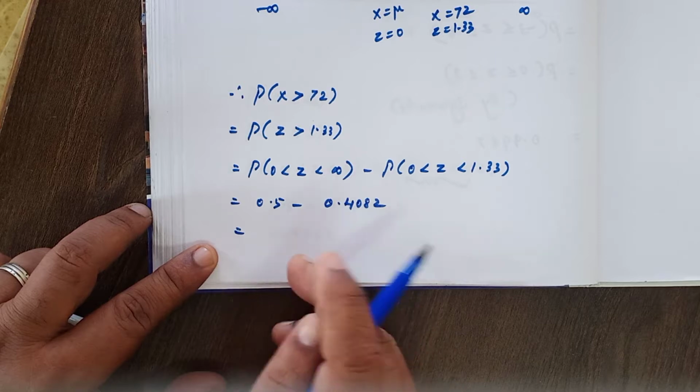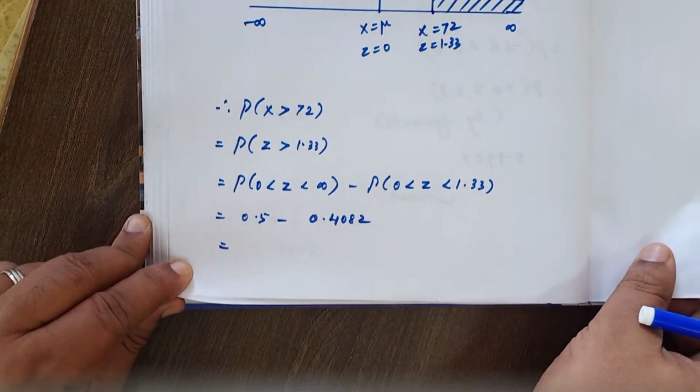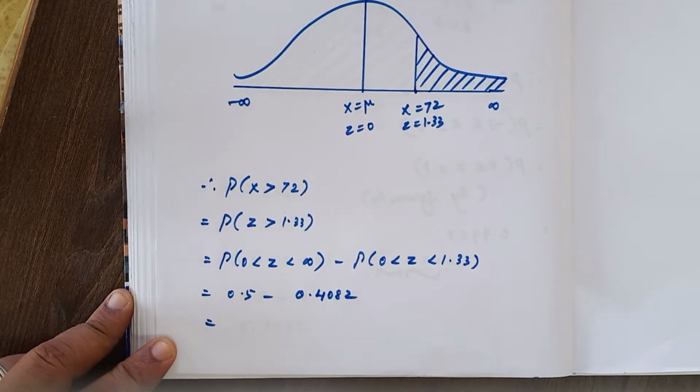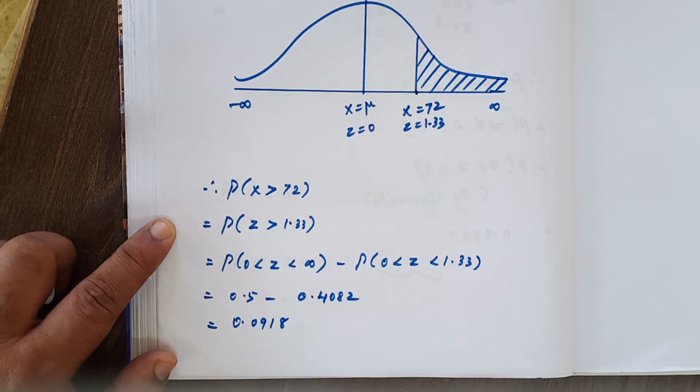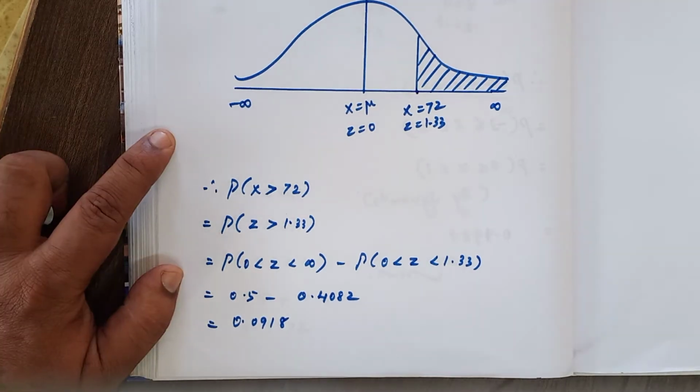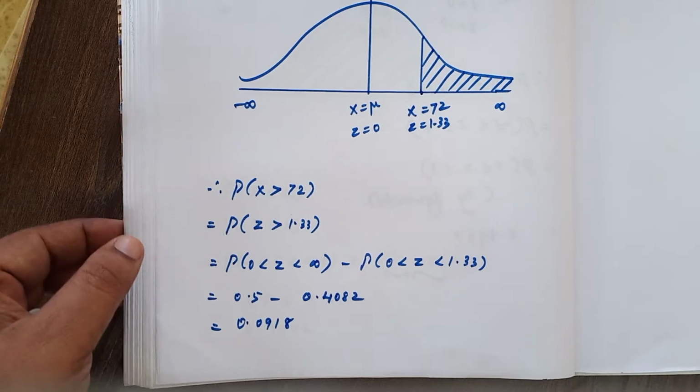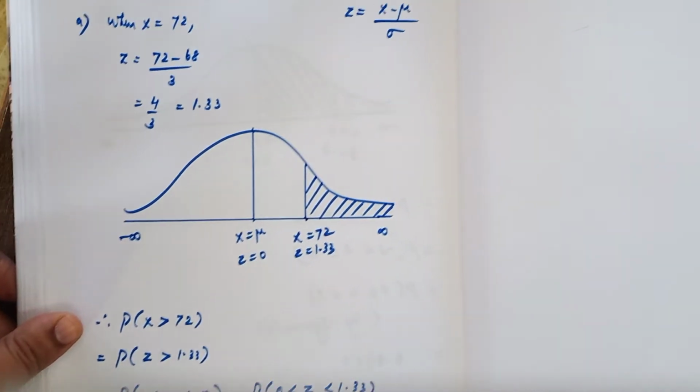Then we have to subtract 0.5 minus 0.4082 equals 0.0918. Now we have to calculate the number of students whose height is greater than 72 inches.